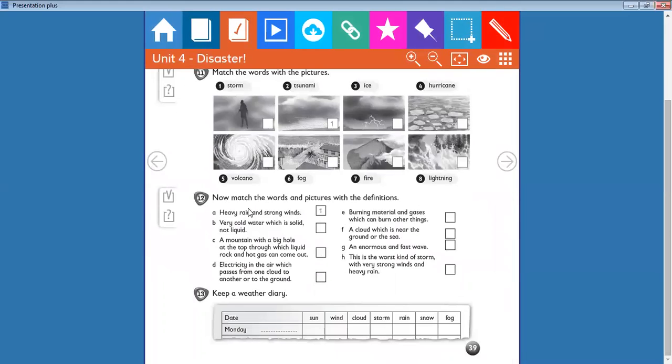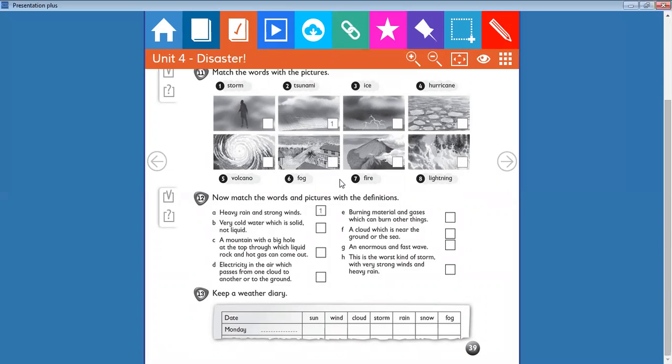Now, match the words and pictures with the definitions. So we have already numbered the pictures here. So we are going to match them with the definitions here. Heavy rain and strong winds. They are talking here about the storm. Very cold water, which is solid and not liquid.